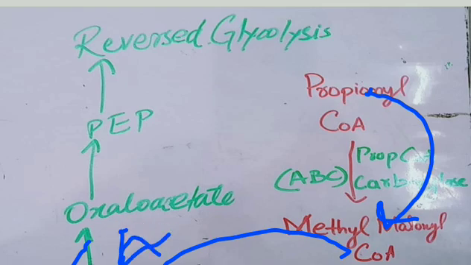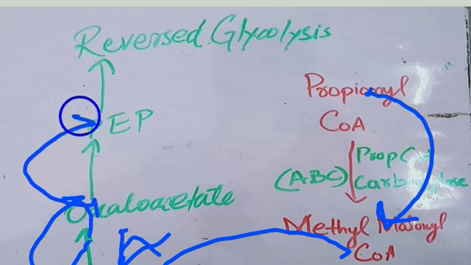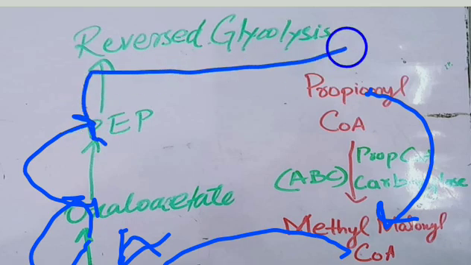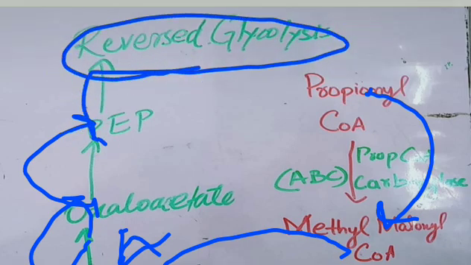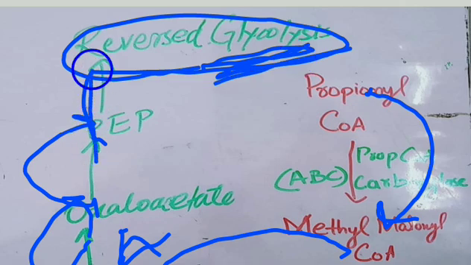So we know that from succinyl CoA oxaloacetate is formed, and from oxaloacetate phosphoenol pyruvate is formed, and phosphoenol pyruvate enters the glycolytic pathway, and the whole glycolytic pathway is reversed. And remember one thing: when you write in your exams, you will write the whole glycolytic pathway here up to the phosphoenol pyruvate.